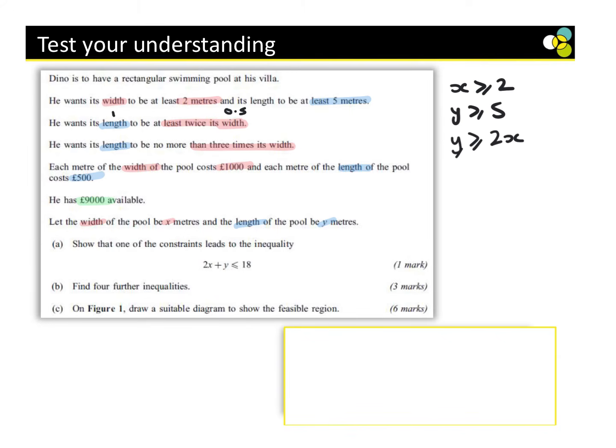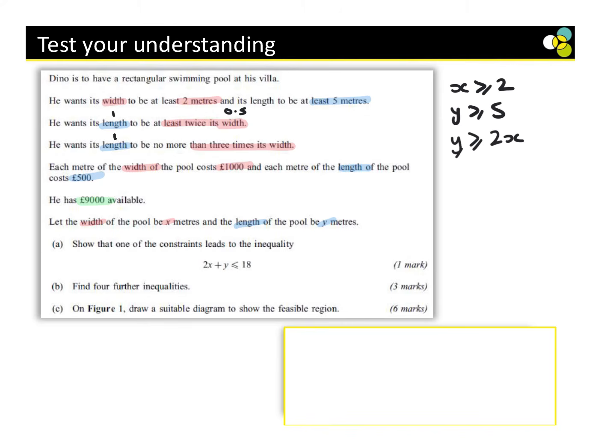It wants its length to be no more than 3 times its width. So if this is 1, what do we know? Wait there, guys. I'm struggling.